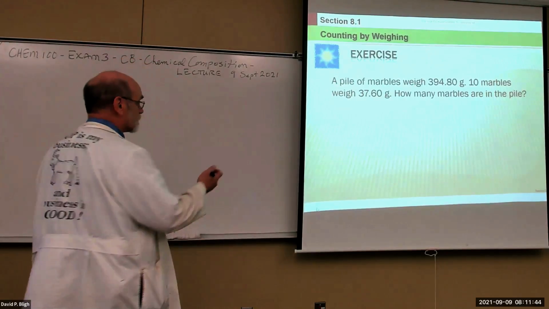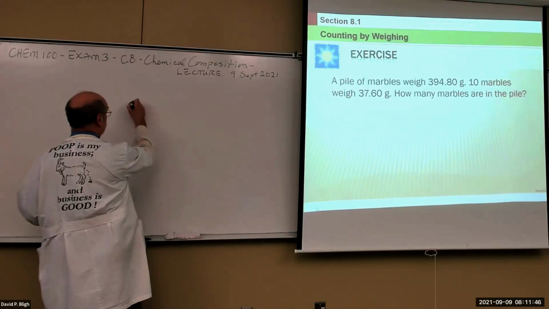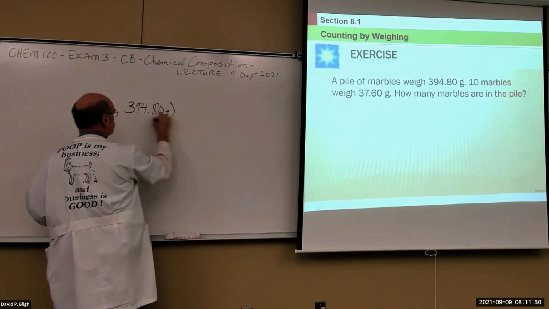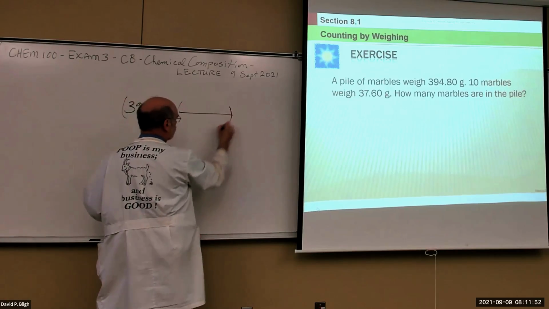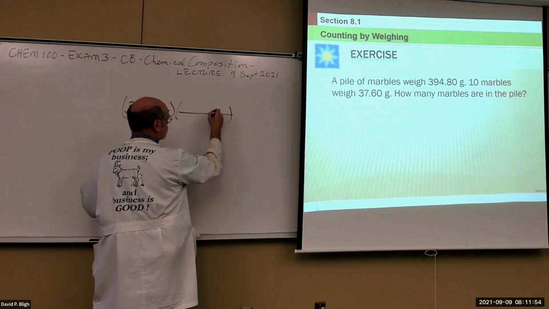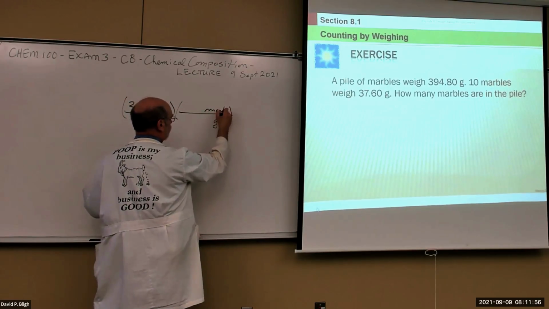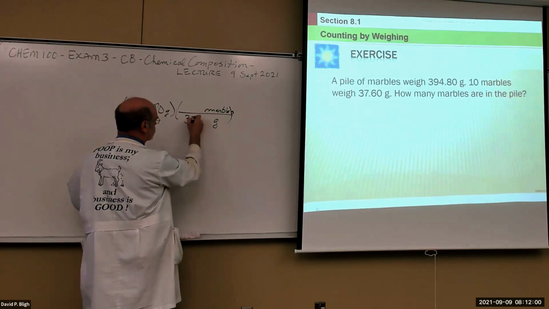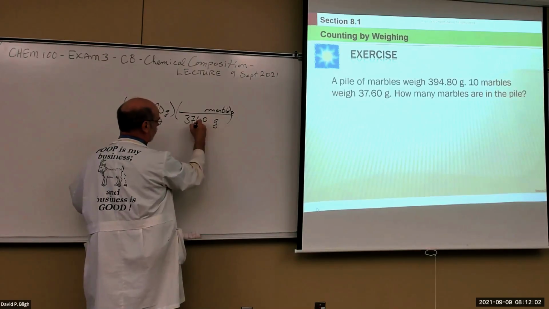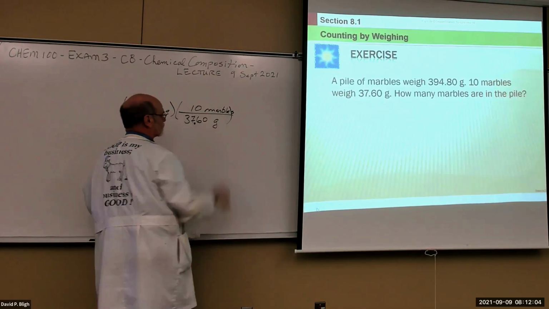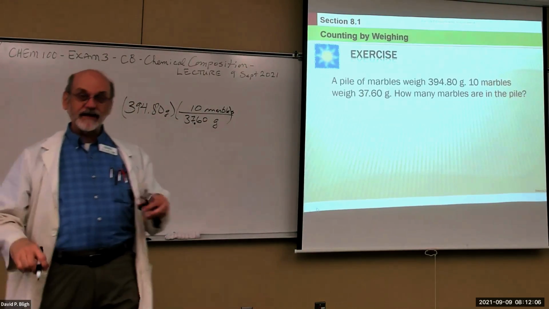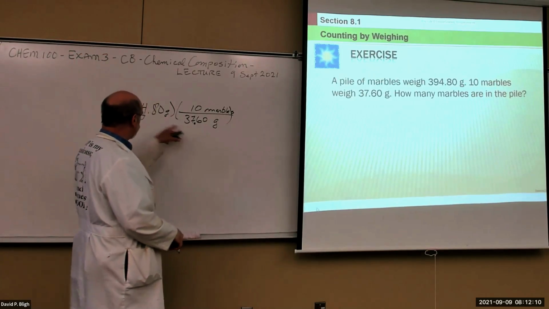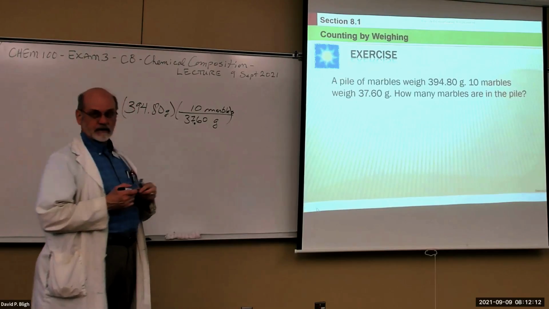You can actually just say, if we have 394.80 grams, then you know the conversion factor is mass marbles, and the mass is 3,760, and that's 10 marbles. That's a perfectly valid conversion factor. Just divide this into that one times 10.